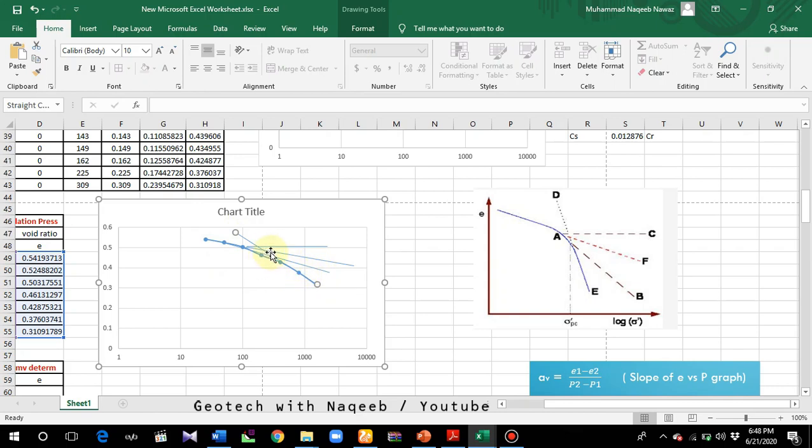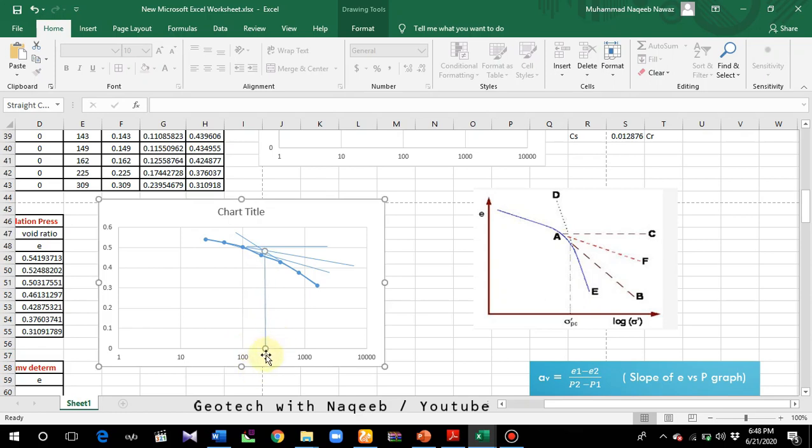So where it touches the angle bisector line, like this, the corresponding value along the x-axis is basically the pre-consolidation pressure.